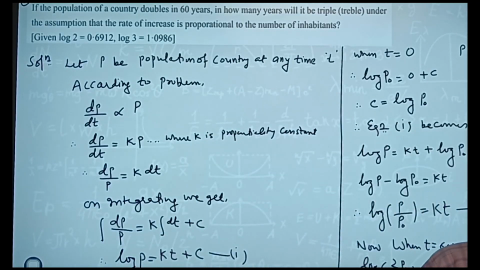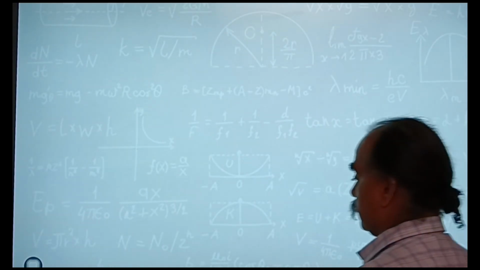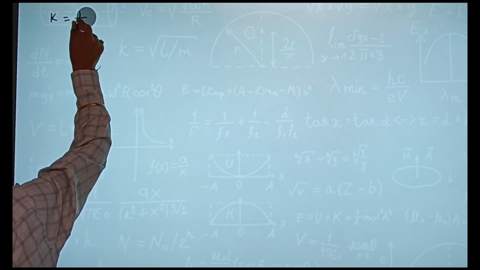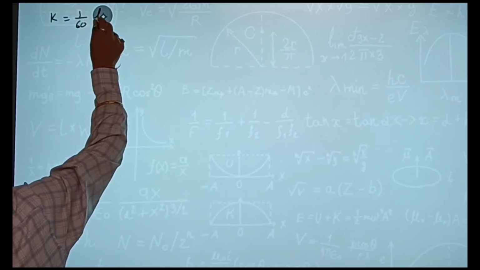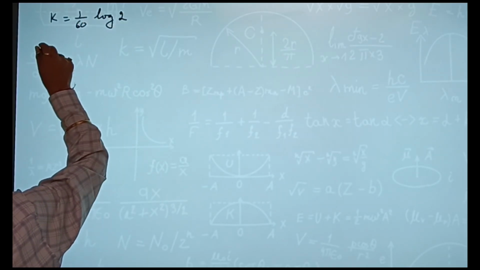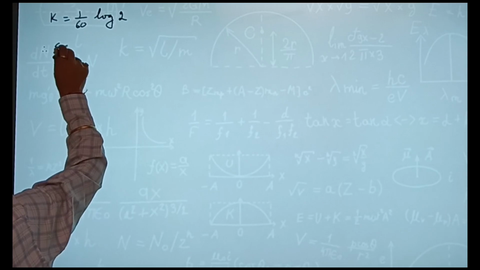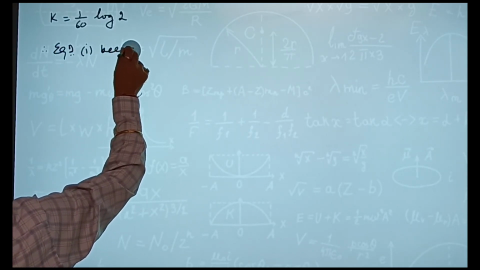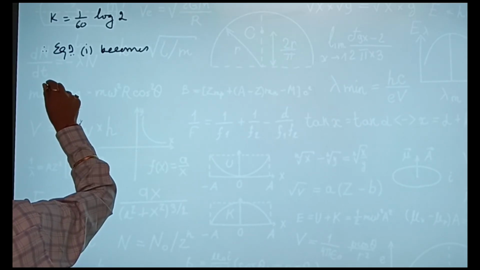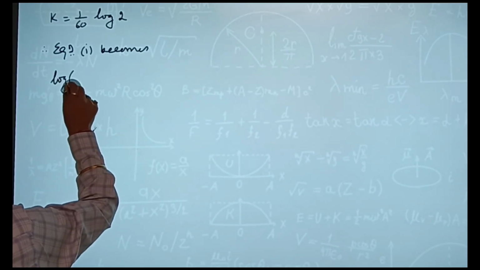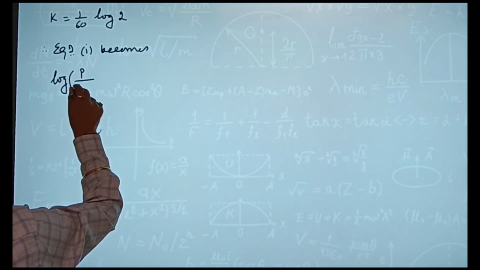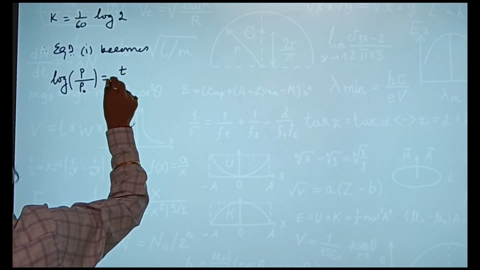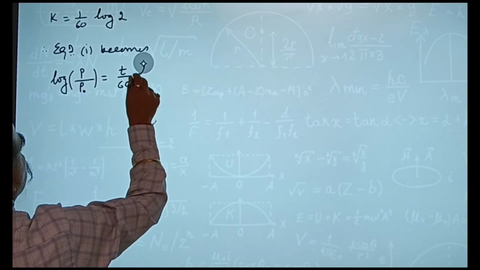So k will be 1 by 60 log 2. Therefore, k is equal to 1 by 60 log 2. So equation 1 becomes log p upon P0 is t by 60 log 2.